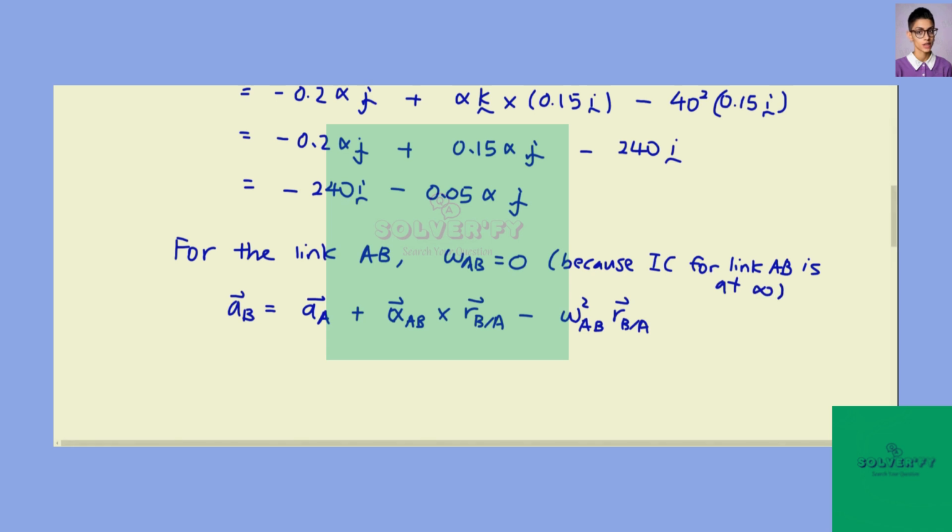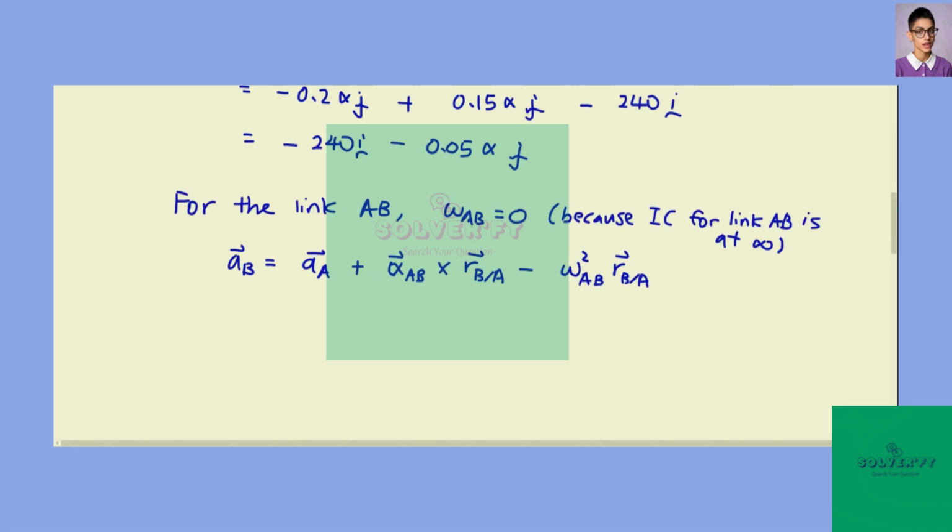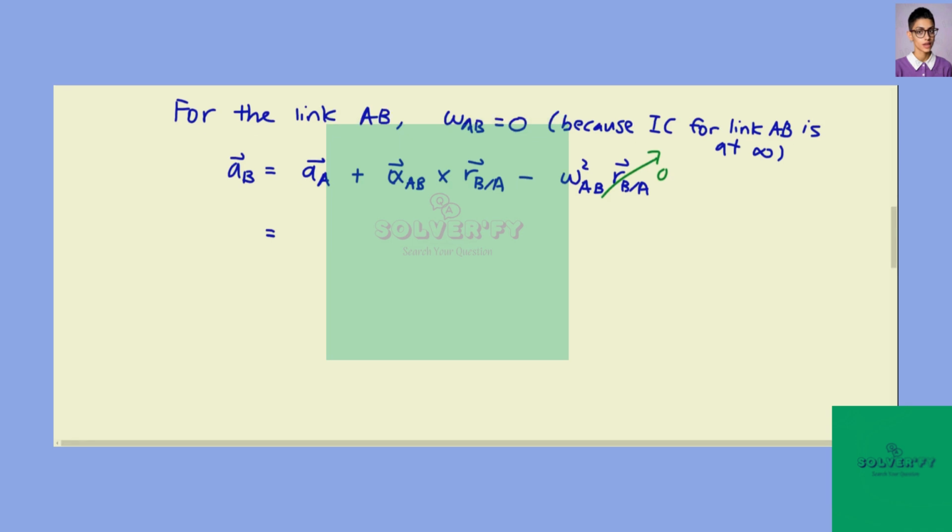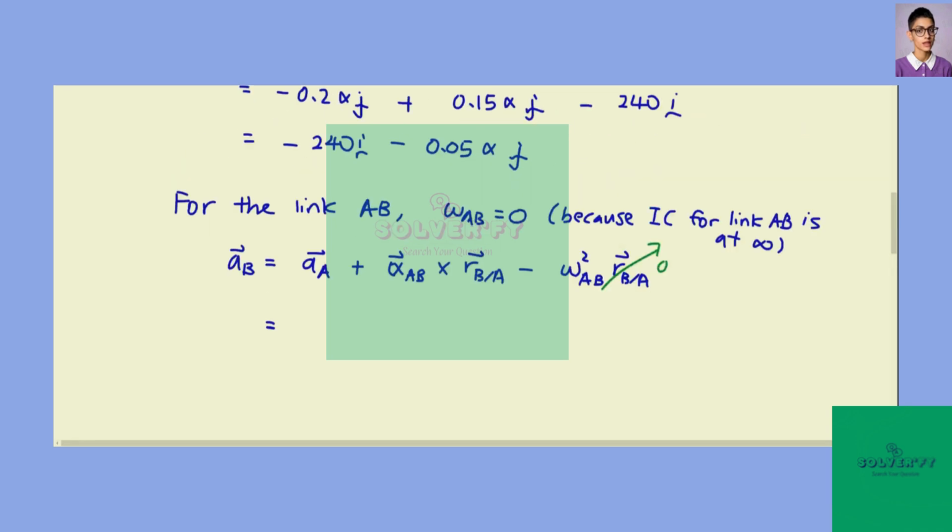So that means our third term is 0. Then AB, from the previous line, we have minus 240I minus 0.05 alpha J.